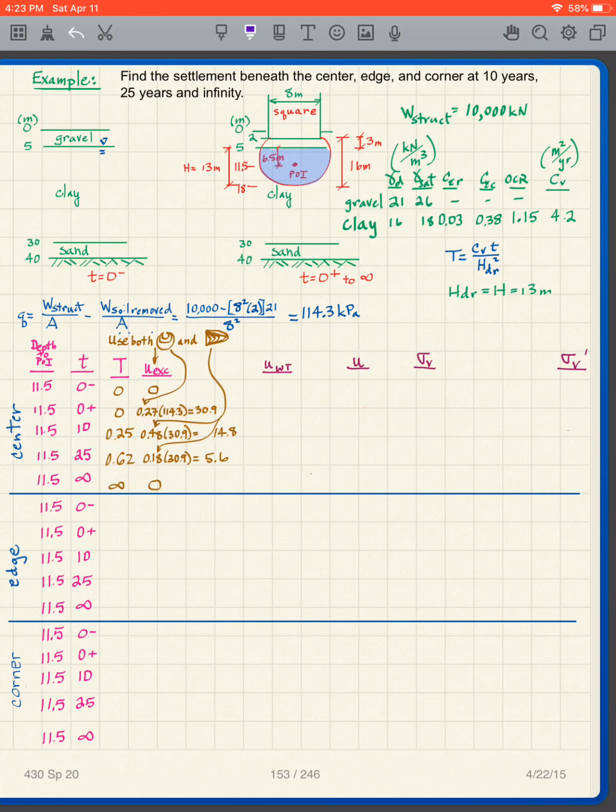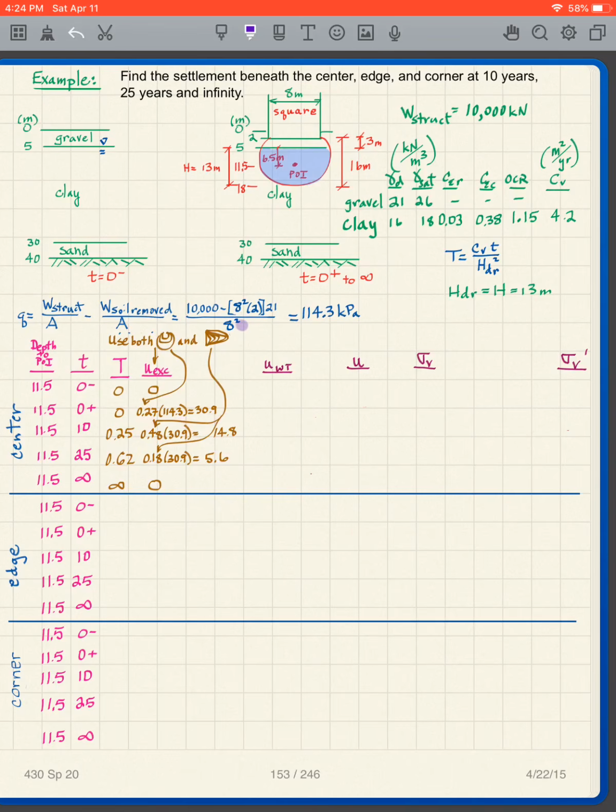Then time goes on. We know the U excess is 0 at 0 minus and 0 at infinity, and we've already done the 30.9 previously. The new thing that we have to do is get the U excesses at intermediate times. How do we get those?